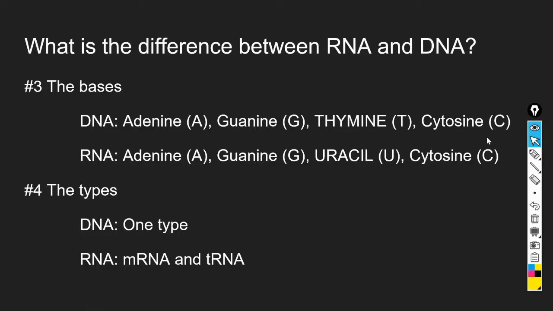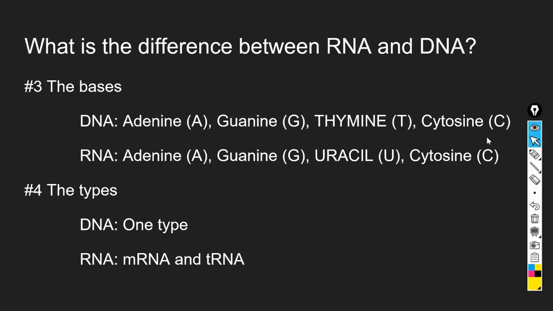As we said before, the bases are different. DNA has adenine, guanine, cytosine, and so does RNA that we represent with A, G, and C, respectively. But DNA has that thymine represented with a T, and RNA has uracil represented with a U.